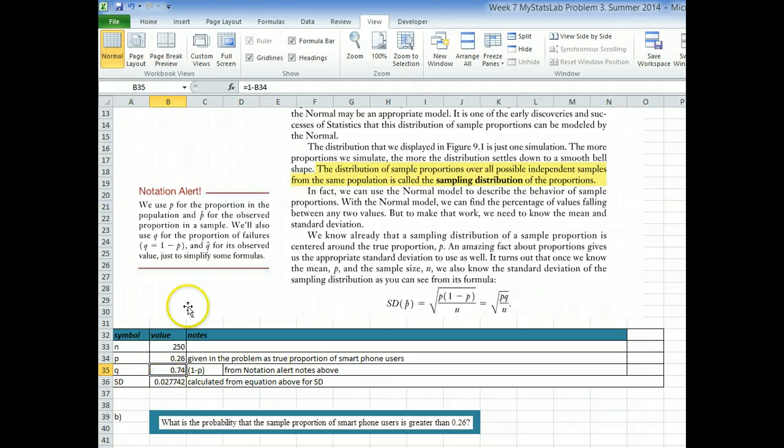The standard deviation from this formula is what we have calculated here, the value of P times Q divided by N, and we're using the caret, which is the key above the number 6. That raises anything to a power, and to find the square root, we raise it to the power 0.5.